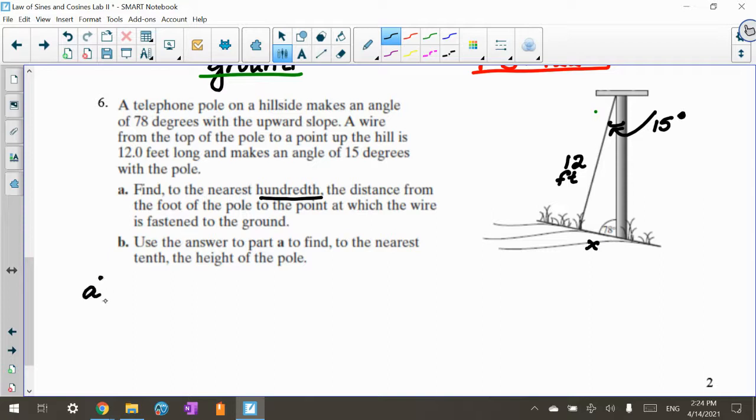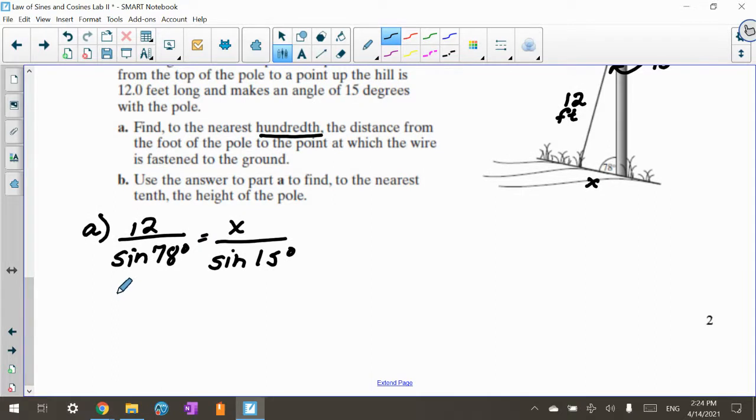So let's do A. I can do the law of sines: 12 over the sine of 78 degrees equals x, which is that length, over the sine of 15. Because I had an angle opposite a side of my triangle, I can use the law of sines. When I cross multiply, I have x times the sine of 78 degrees equals 12 times the sine of 15 degrees.